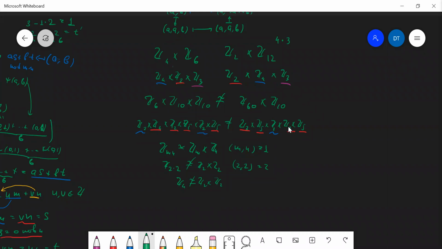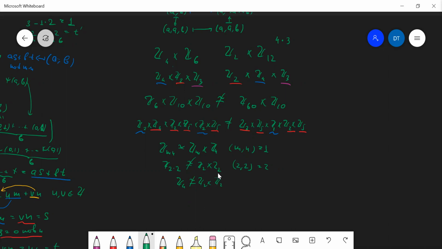So in order to check this, if you multiply by the same group, it will never happen that they become isomorphic. But if you multiply them by a different group, for example, you may multiply the left-hand side by Z2 times Z2, and the right-hand side by Z4, they become isomorphic. But if you multiply them by the same thing, they will never become isomorphic.